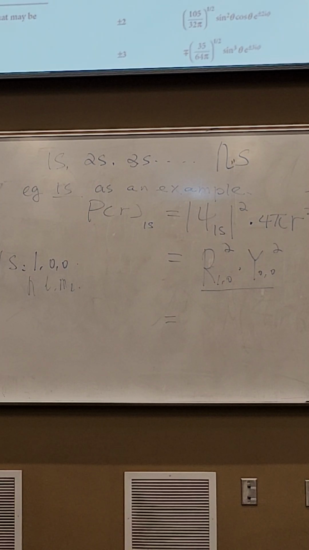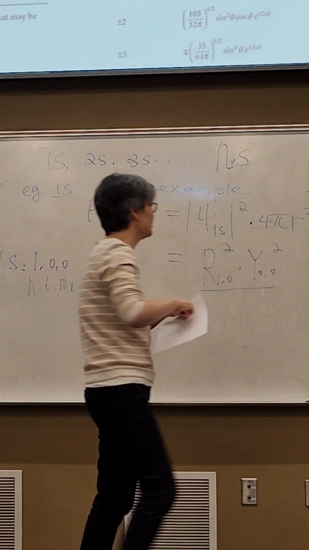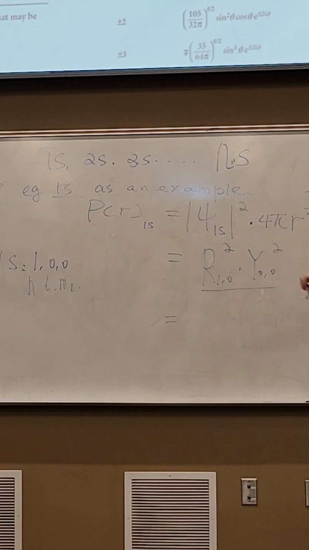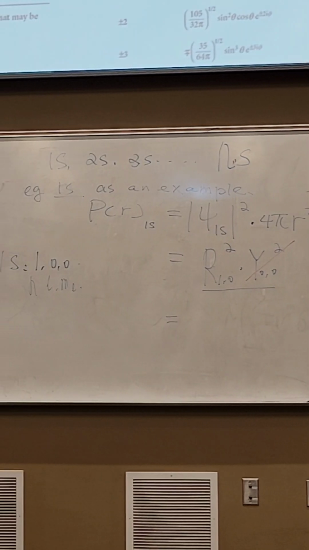Any questions on that? Okay, now, since Y00 is a constant, Y squared, I'm only telling you, so can I cancel this out? The angular component is 1 over 4 pi, we times 4 pi on the other term, so it cancels out.